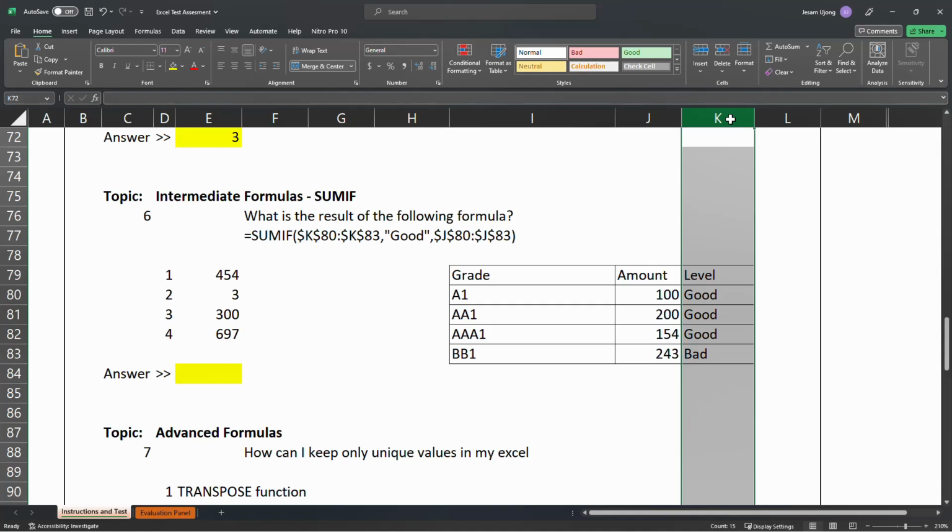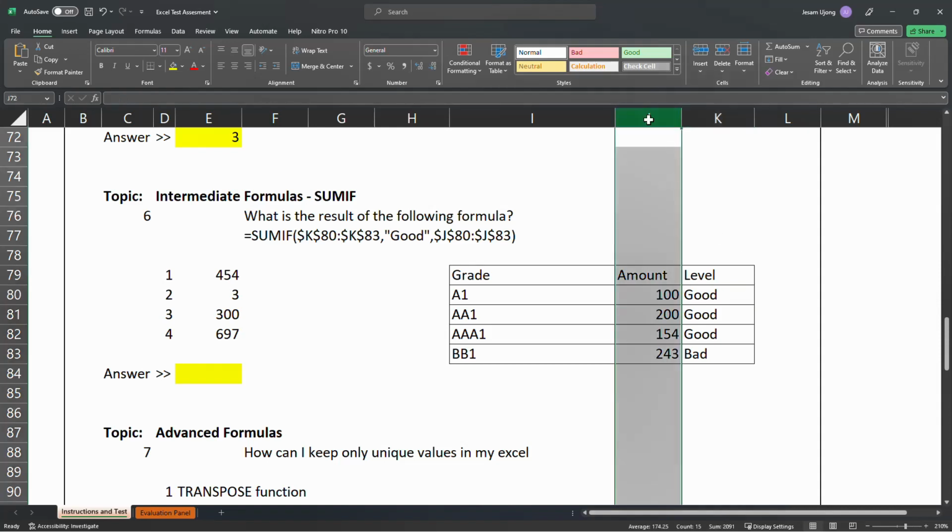The criteria itself is good. Then we also have the values in J, the sum range. I'm mixing it up. I'm even confused. I've forgotten.